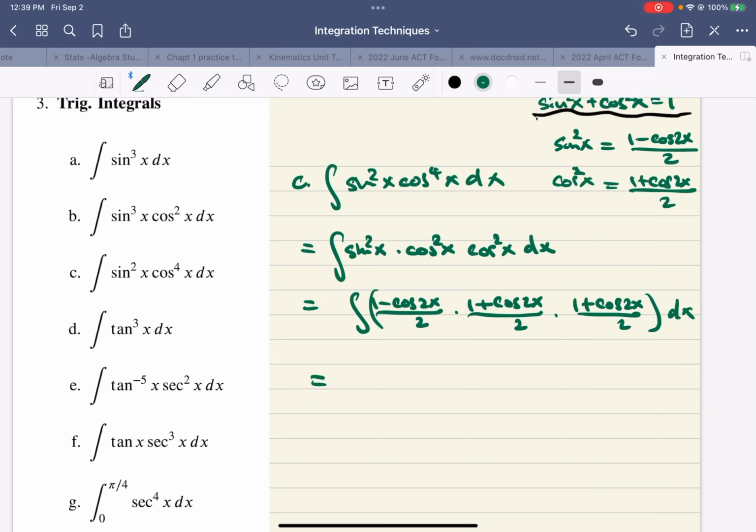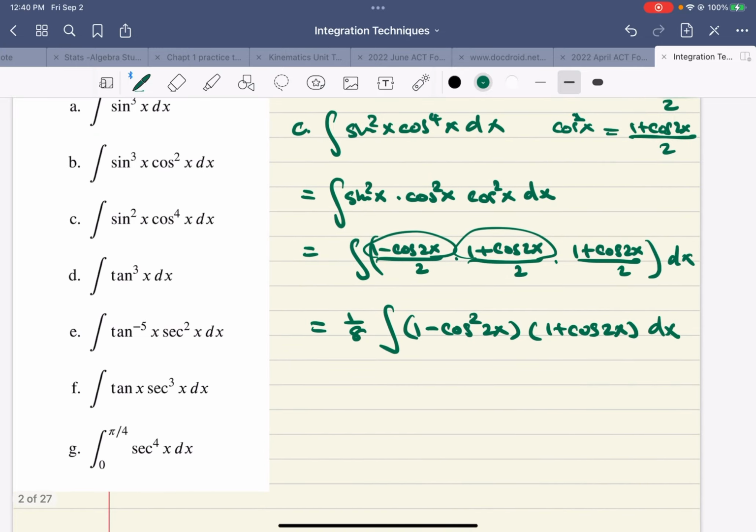So 2 times 2 times 2, 8. 1 over 8, you can take it out. And when you fold this one out, that's 1 minus cosine squared 2x. And then you have a 1 plus cosine 2x, one more, dx.